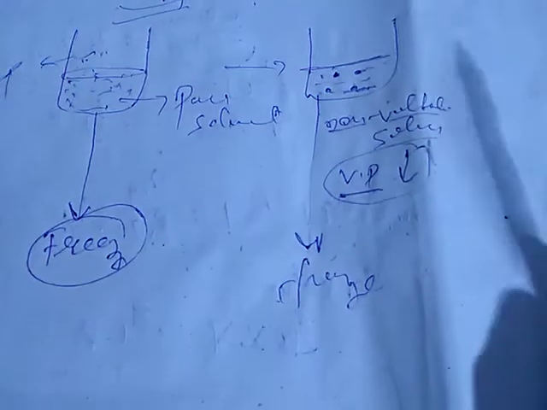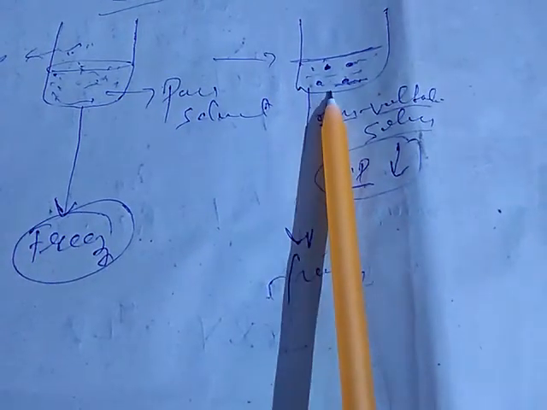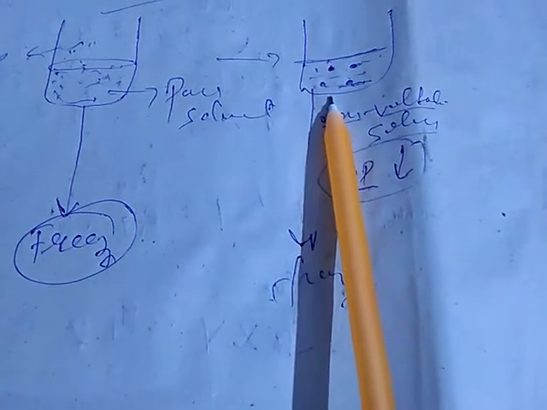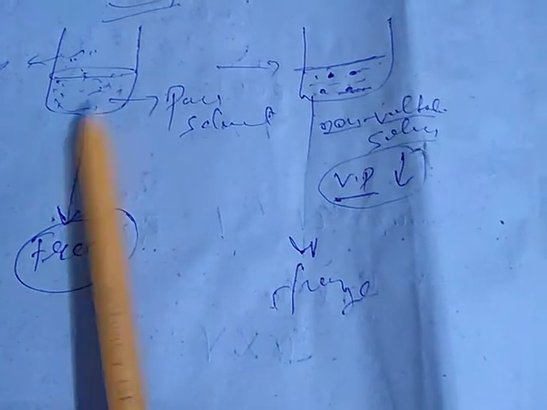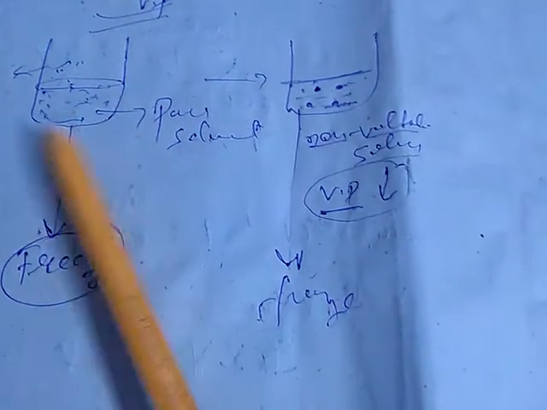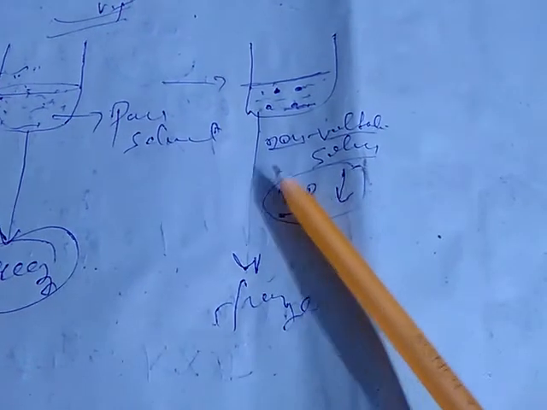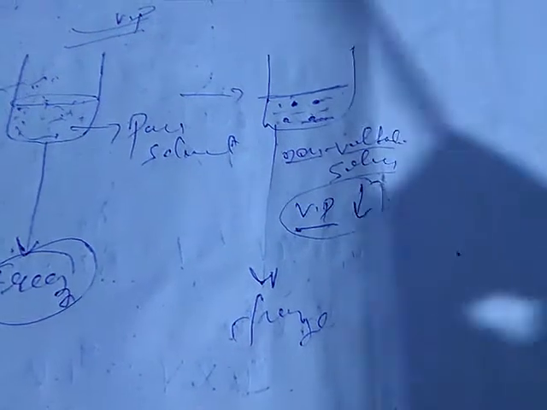Now if we apply Raoult's law over here, due to the addition of non-volatile solute, the vapor pressure has decreased. As the vapor pressure has decreased, when we try to freeze both of them, we will observe that this pure solvent will freeze at a higher temperature in comparison with this solution. It means the solution will convert into a solid state at a lesser temperature.